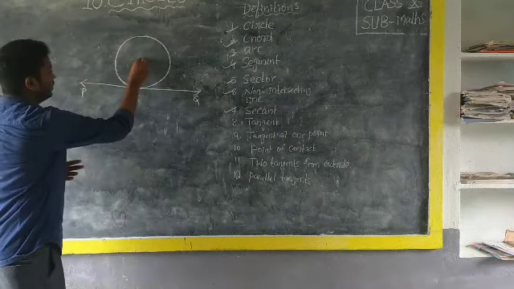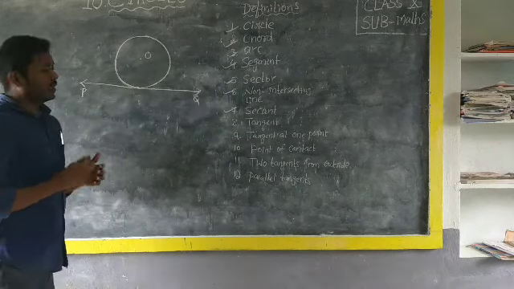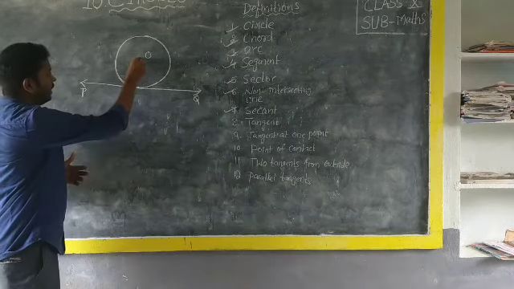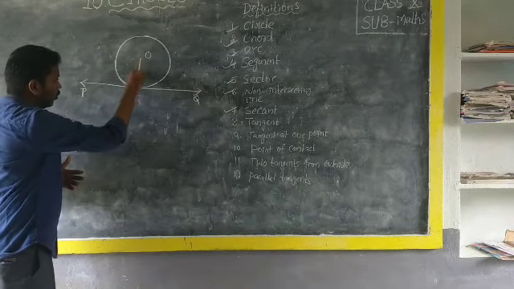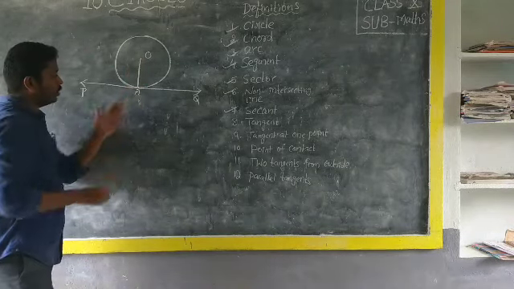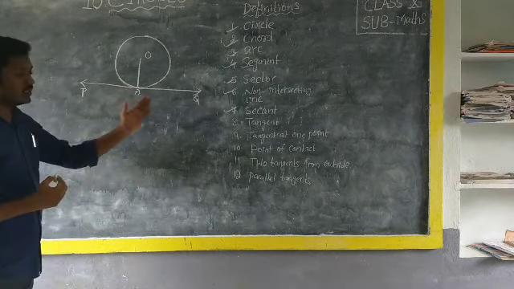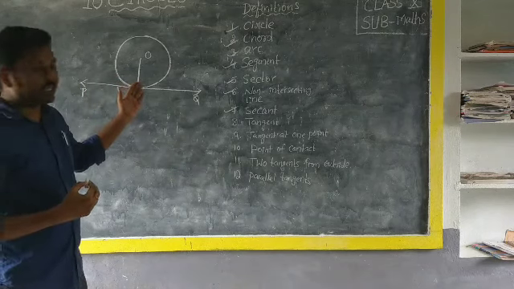Here, this is the center. Here the tangent has one condition. The condition concerns the radius OA. Here OA is a radius and PQ is a tangent. Why? Because PQ contacts the circle at one point.